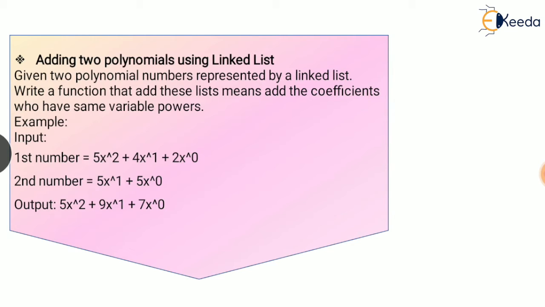So I am explaining how we add two polynomials. For that there are three different rules that we have to follow whenever we add polynomials. First observe the first number, that is 5x square plus 4x plus 2. The second is 5x square plus 5x, and the output is 5x square plus 9x plus 7.